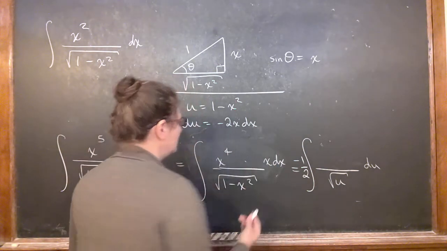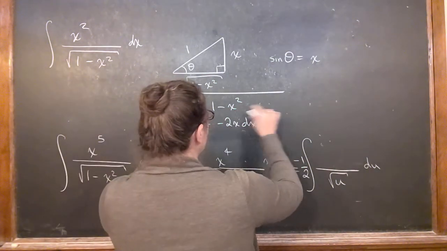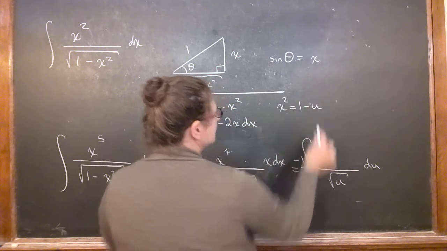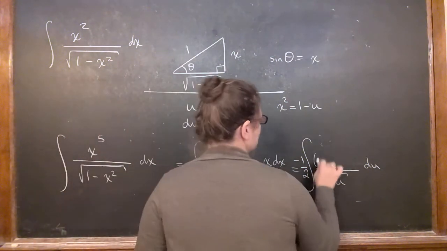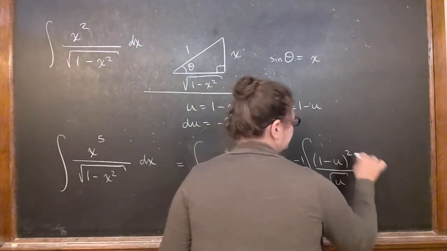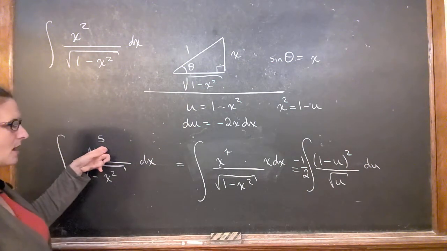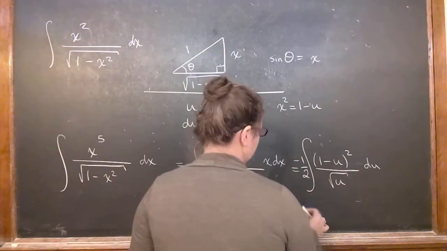And then what am I going to do with this x to the fourth? I have to go back here, right? So if I've got x squared equals 1 minus u, then x to the fourth is going to be 1 minus u quantity squared. So I also do have the option, because of this power, of doing it this way, right? And then what is this?